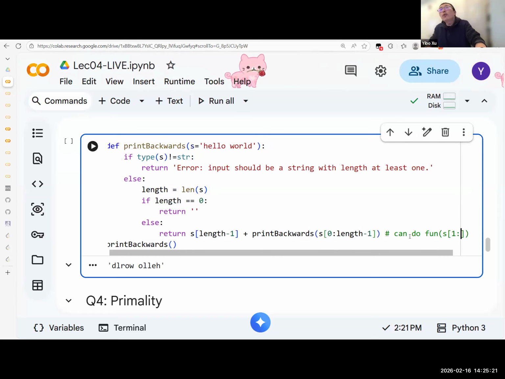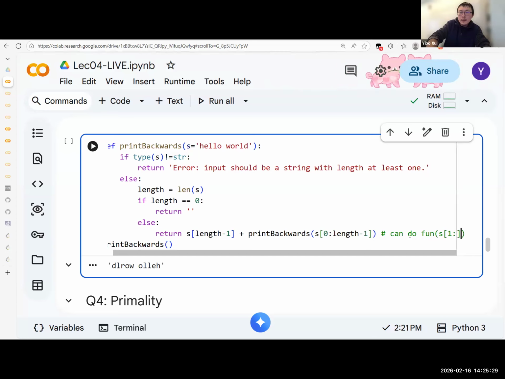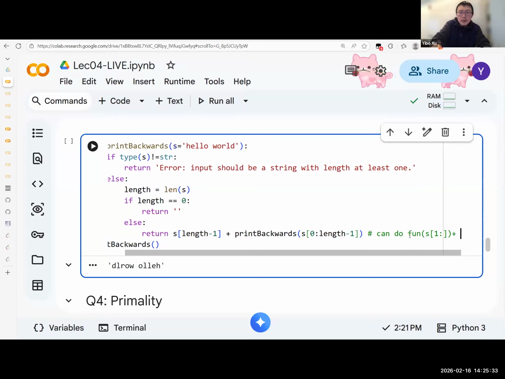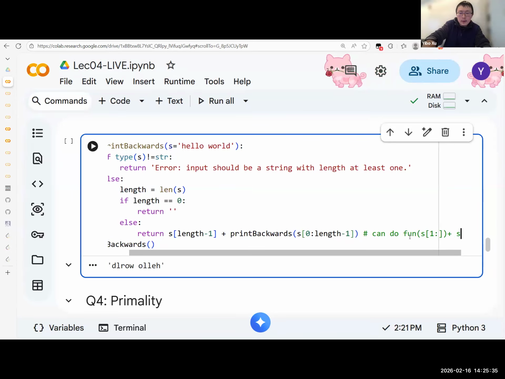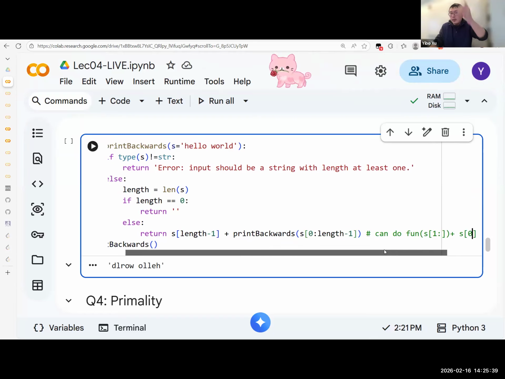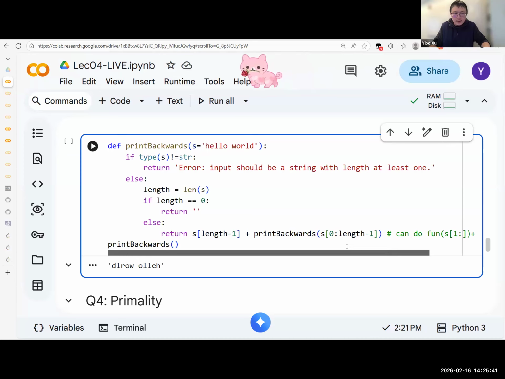If you omit the second element, it just goes all the way to the end of the list, and then plus s of 0. That's also a way which is done in lecture 5, I think.